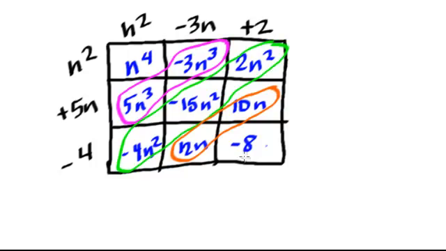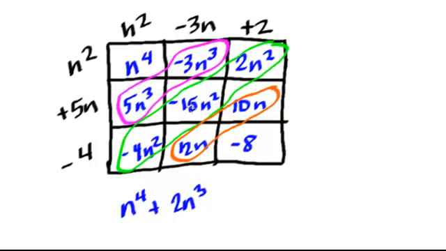So now to solve this, start by writing n to the fourth. I combine 5n cubed minus 3n cubed. This will give me a positive 2n cubed. Then I have negative 4n squared minus 15n squared plus 2n squared.